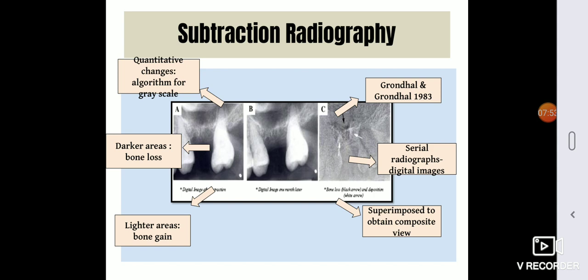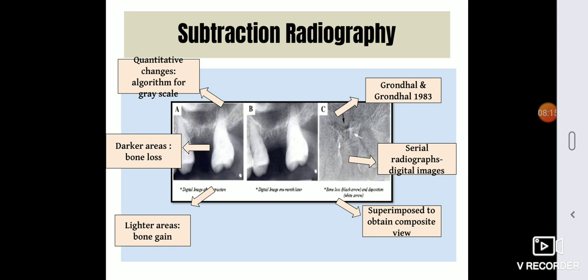Now the inference of this radiography can be in terms of changes in the density or the volume, detected as the lighter areas which depict the bone gain and darker areas which depict the bone loss, as you can see in the image on your slides.